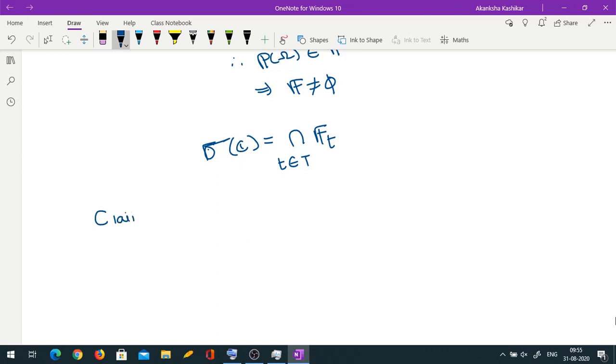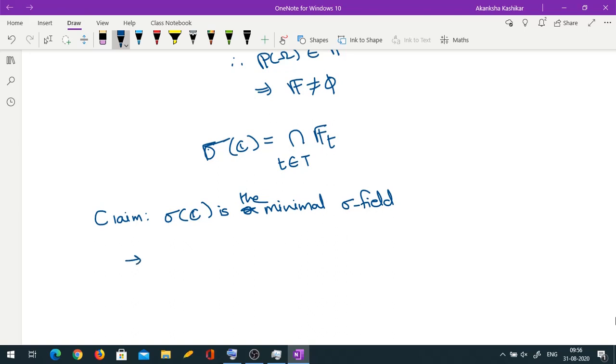And our claim is sigma C is the minimal sigma field. So the field constructed in this way is a minimal sigma field. That is our claim. So to prove that this is a minimal sigma field, what all do I need to prove? First, C should be in it. Secondly, it should be a sigma field. And third, it should be the smallest sigma field containing C.